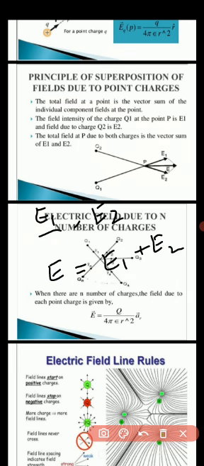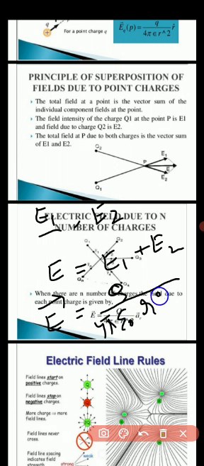So the expression will be like this: E is equal to Q by 4 pi epsilon naught R square, where Q stands for the total charge. That is the total electric field intensity at point P, and this total intensity of electric field is due to the sum of the electric field intensities of all the charges.